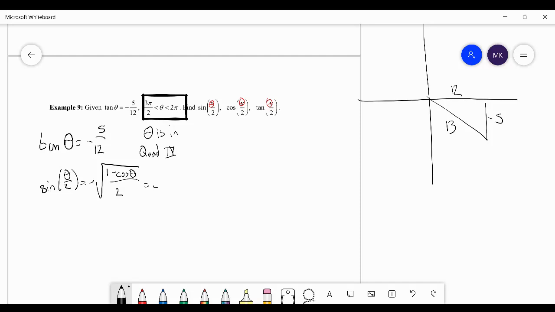And I'm looking at my answer key. Oh, I forgot about that. Back up. That's not what I wanted. This is what I wanted.